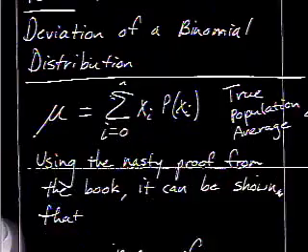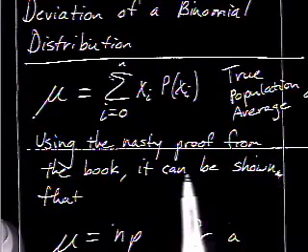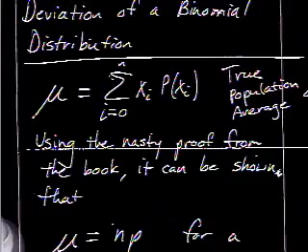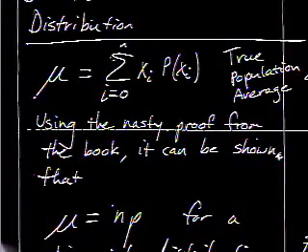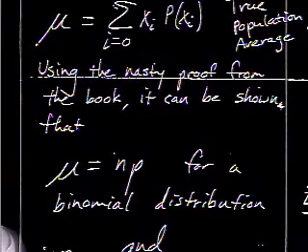But we can use a nasty proof from the book, and it can be shown, and that's exactly what you like to see in college. It can be shown, because that usually means that the college professor doesn't want to do it and is not going to require you to do it either. It can be shown that this formula can be proven to be a nice simple one for us.